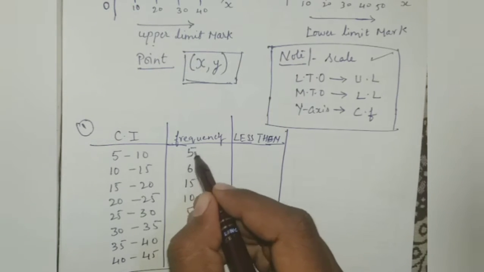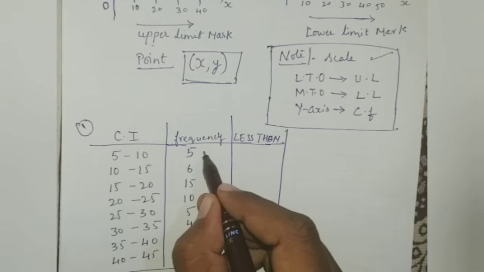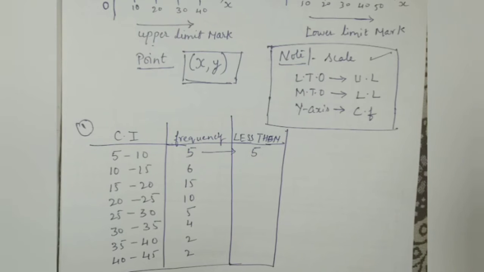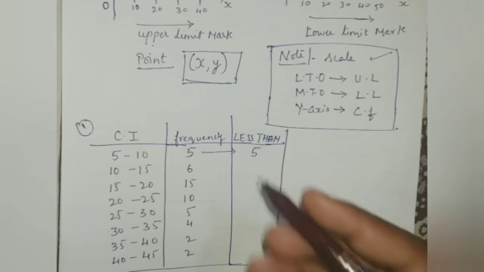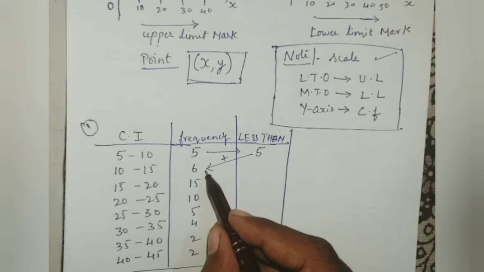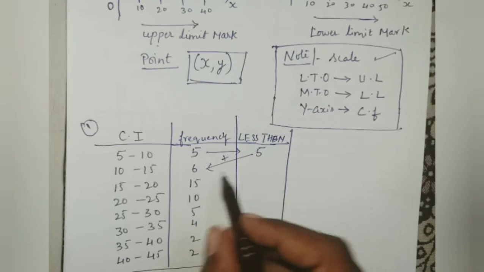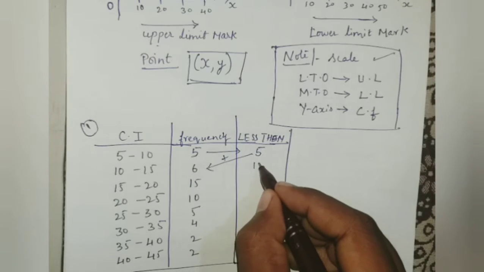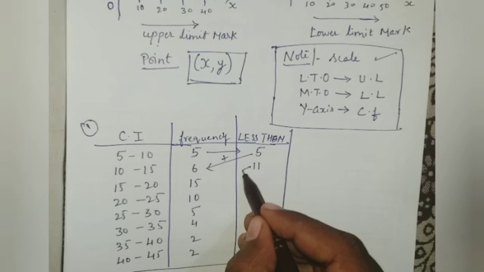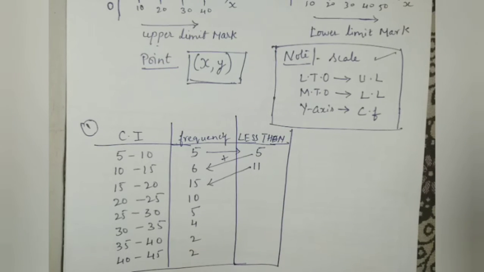See, whatever first number we have, I need to write as it is. Any doubt? Next, whatever answer I got, I need to add to the next value. So 5 plus 6 is 11. Got it, students? Whatever answer I got, again I need to add the next number.